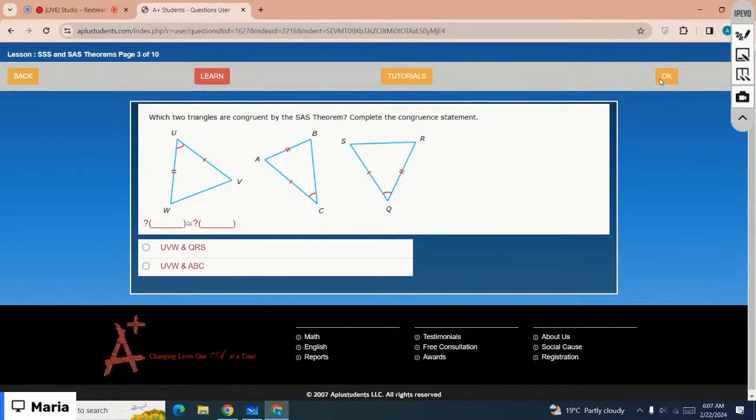That is UVW and QRS. Option number 1 is the correct option.